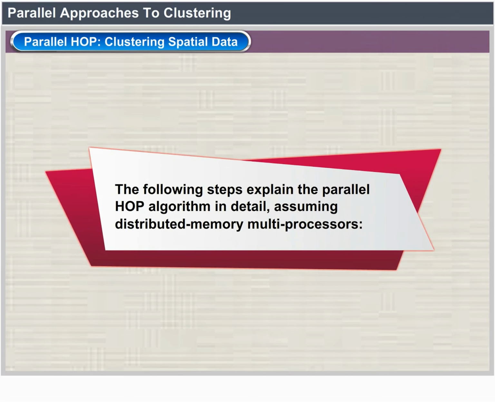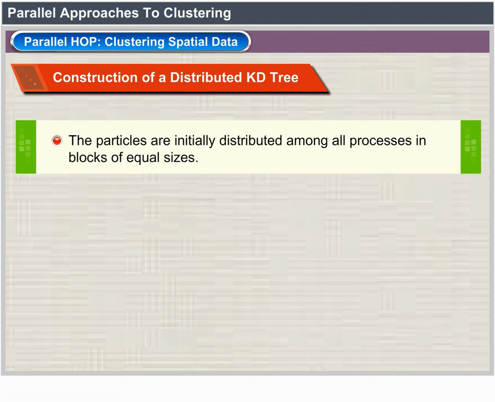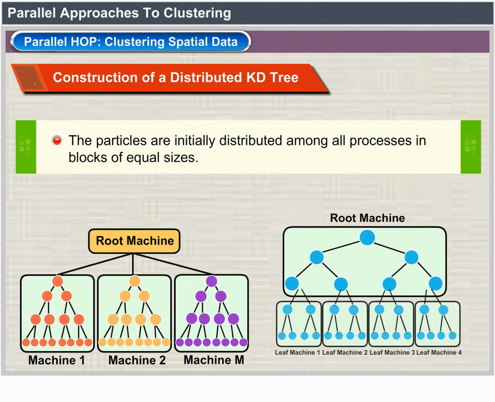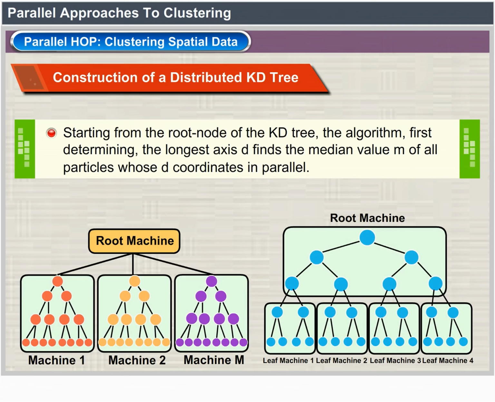Constructing a distributed KD tree. The particles are initially distributed among all processes in blocks of equal sizes. Starting from the root node of the KD tree, the algorithm first determines the longest axis D and then finds the median value M of all particles' D coordinates in parallel.